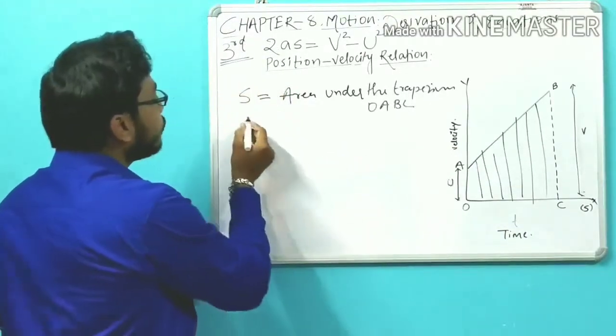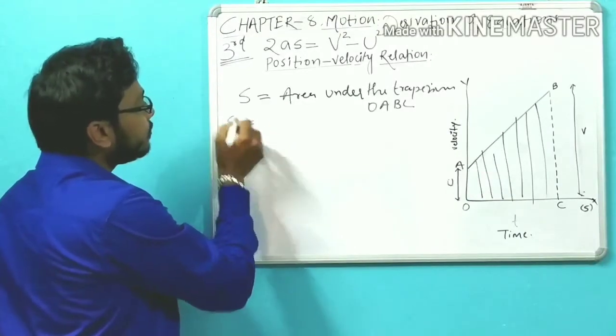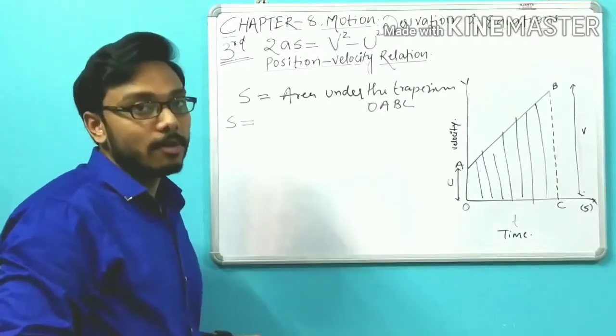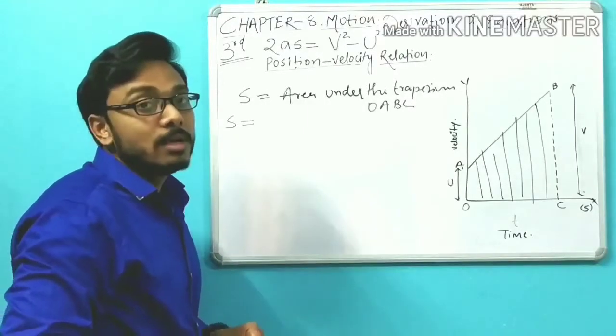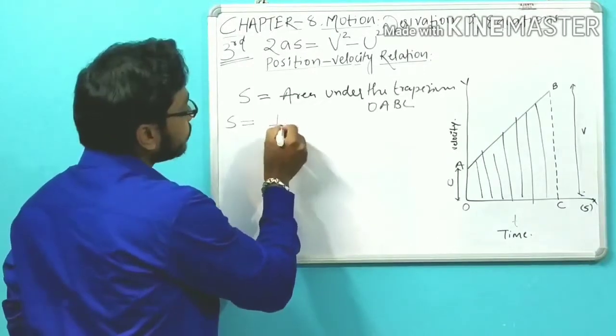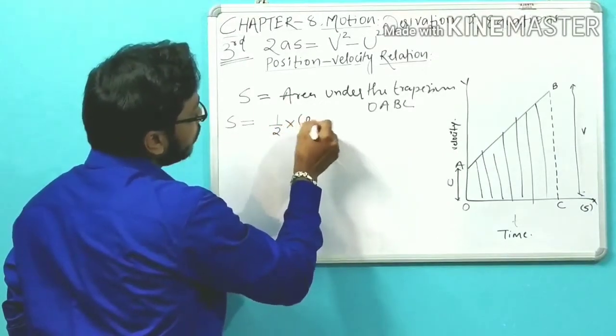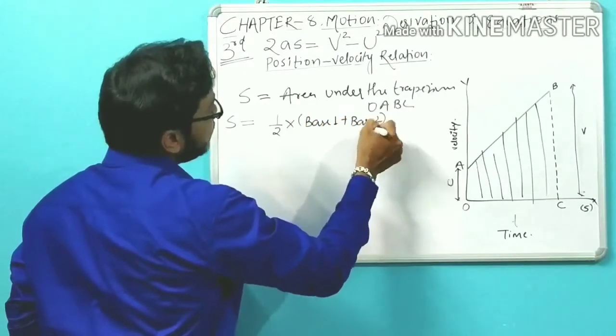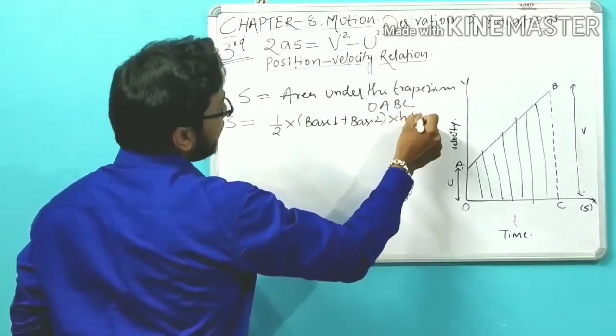So let us see here, for finding the area of the trapezium OABC, we should know the formula for the area of a trapezium. What is the formula? That is half into base 1 plus base 2 into height.